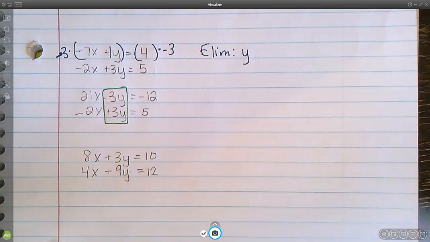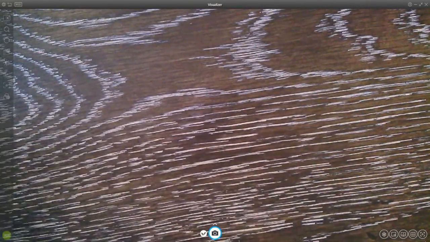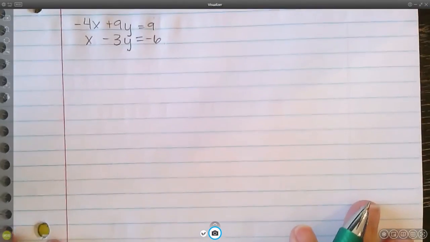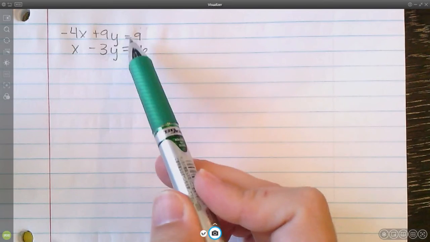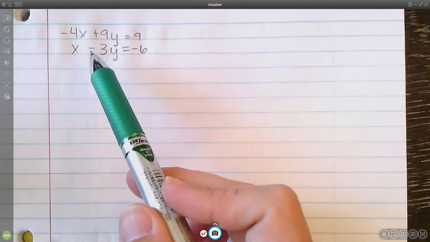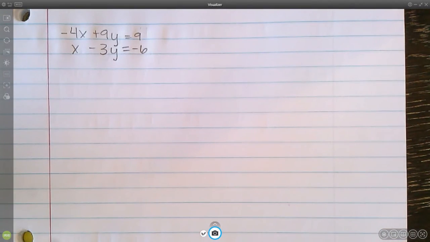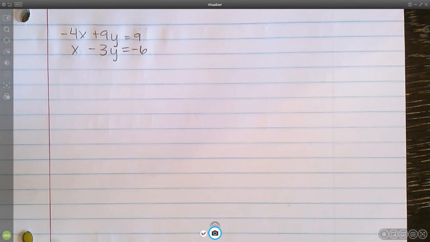Okay, let's actually go through one full problem. Okay, so we have negative 4x plus 9y equals 9, and x minus 3y equals negative 6. Let's go ahead. It doesn't really matter which one.